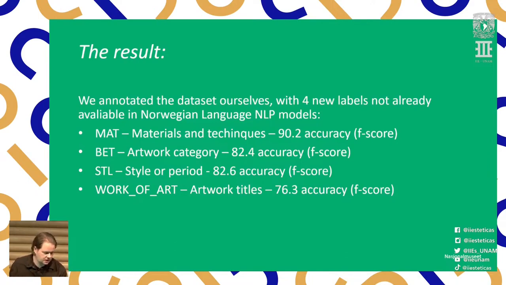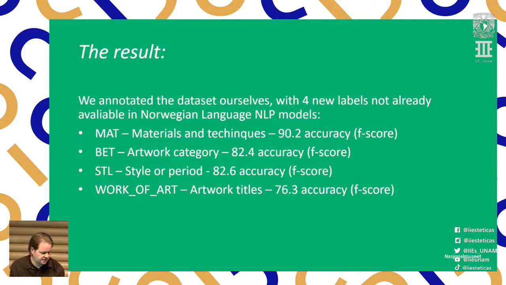So 76.3% F-score accuracy compared to over 80 and 90 for other categories, which was surprising because in our training dataset, the work of art was the one label we had the most examples of.